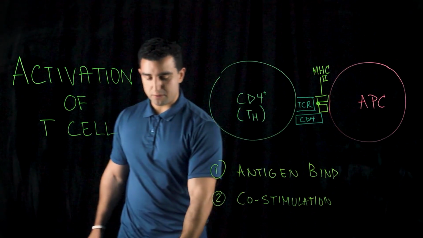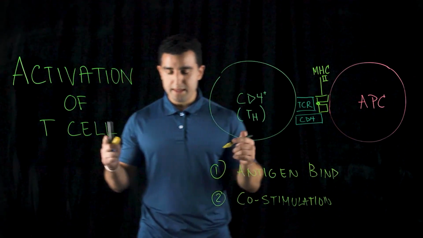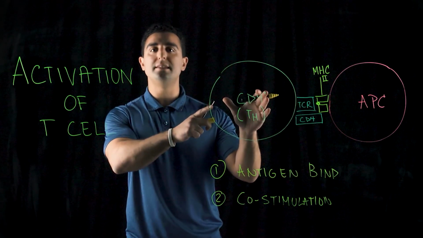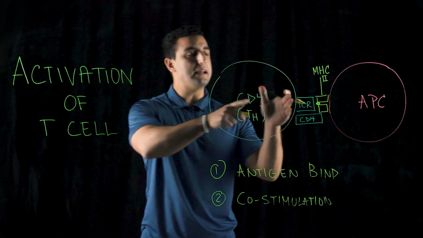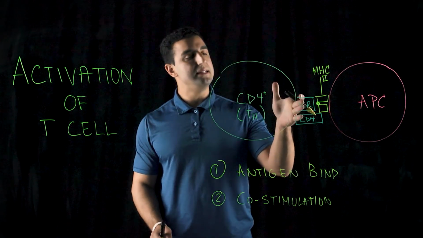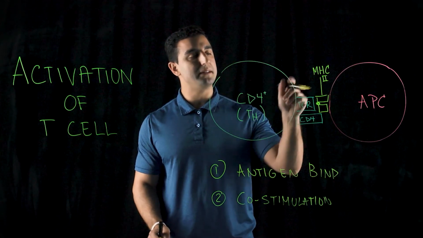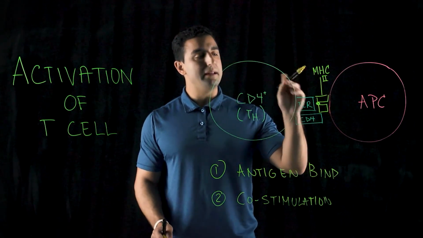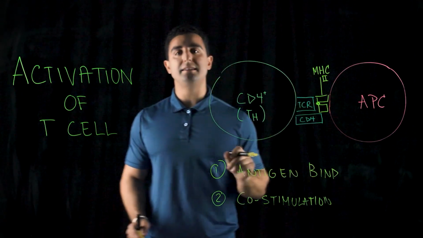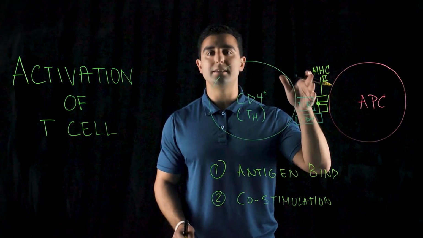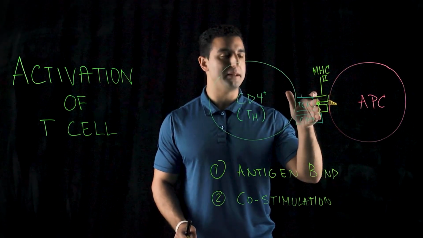So if we look at the first response here, the helper T cell must come in here and have a double recognition. Double recognition means that this TCR, the T cell receptor, must come in first, identify the antigen as one recognition site, and then also recognize the MHC2 complex, right?